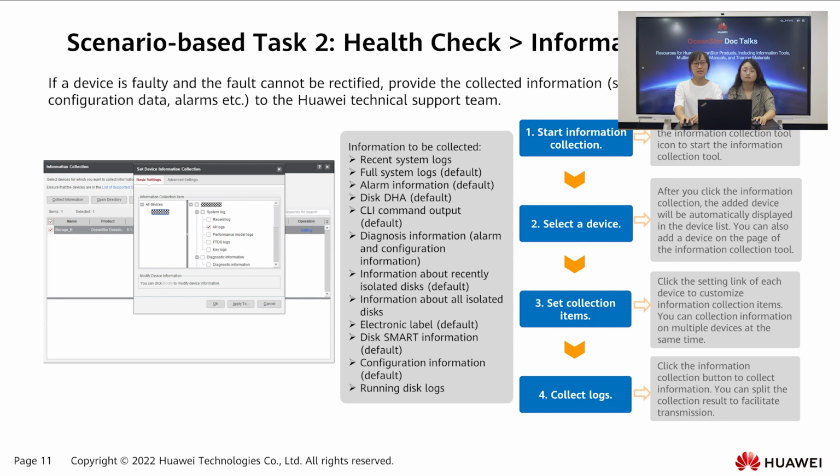SmartKit provides an information collection component that collects system logs, alarms, and configurations in batches. In addition to log collection, the system also supports advanced functions such as log splitting by time segment and log collection by node. This avoids sending unnecessary log information when the log size is too large.